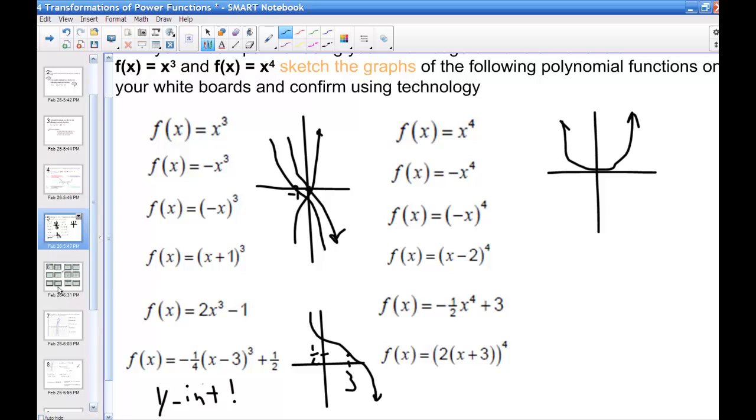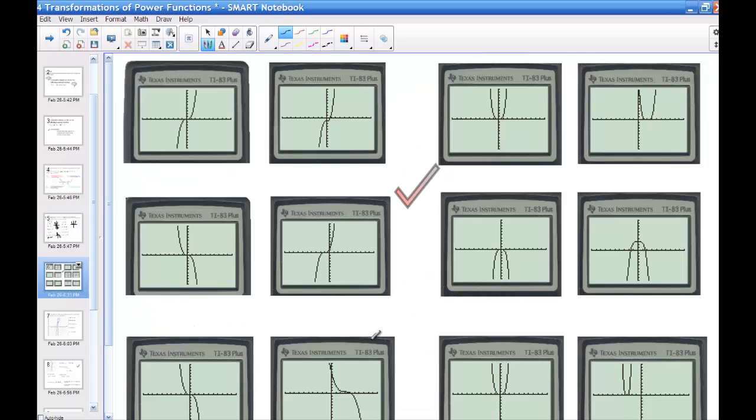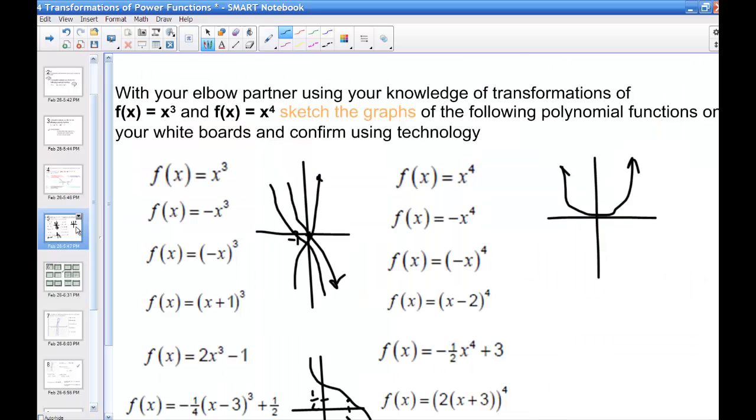Let's look at the graphs that the calculator produced for us. Okay, so we can see that in the last one, right, you were horizontally compressed and you moved 3 to the left, and then for the one before that, you are reflected over the x-axis.